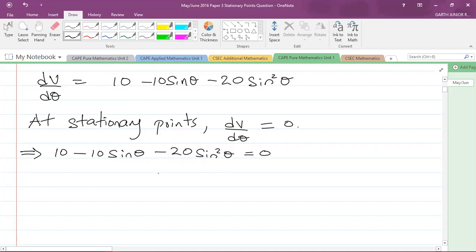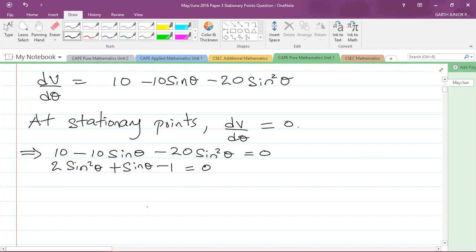So when I divide negative 20 sine squared theta by a negative 10, I will get a positive 2 sine squared theta. And when I divide negative 10 sine theta by negative 10, I will get a positive sine theta. And when I divide 10 by a negative 10, I will get a negative 1. And when I divide 0 by negative 10, of course, we get 0 on the right-hand side.